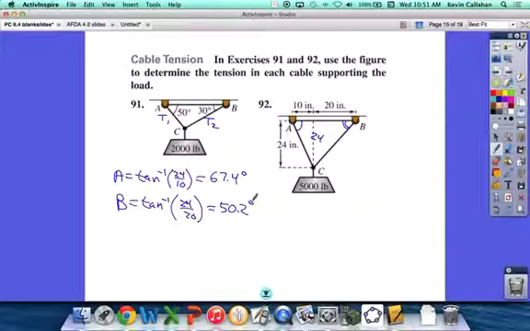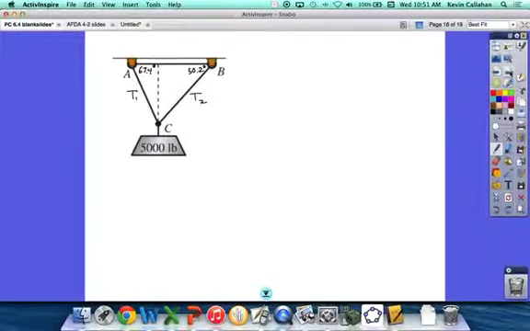So now I'm going to go to the next slide, and I've labeled the picture already with the angles in there, right? 67.4, 50.2. And we need to know these two things right there, right? So let's see. Both of these vectors here can be broken down into two components, right? One component is here, and one component is here. And then this has got one component here and one component here. Right, this is pulling up and up. Now, this weight is pulling straight down.